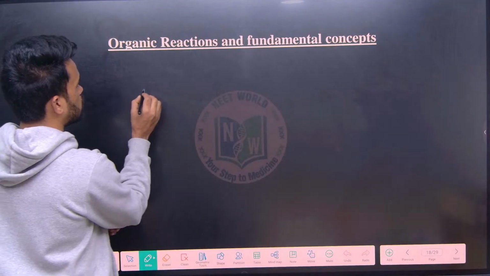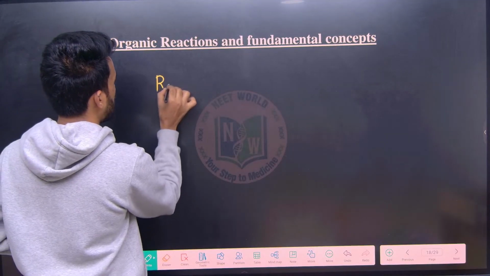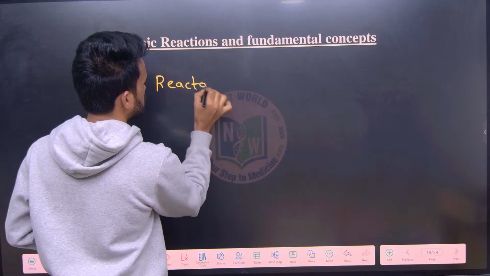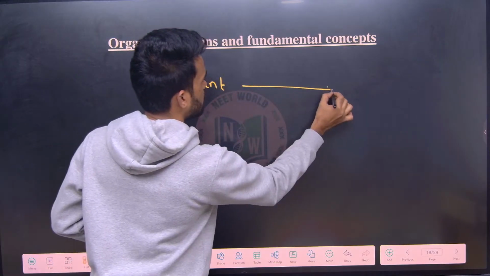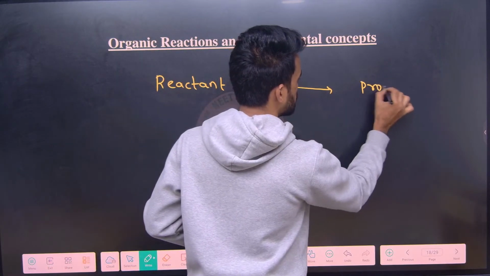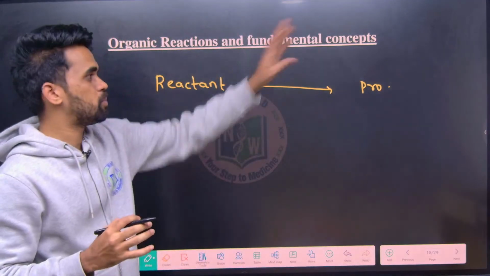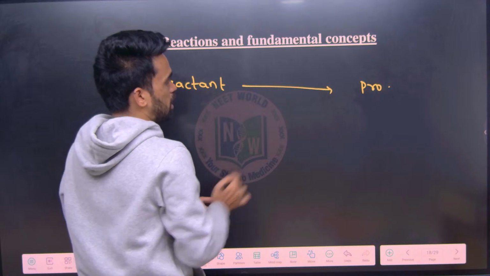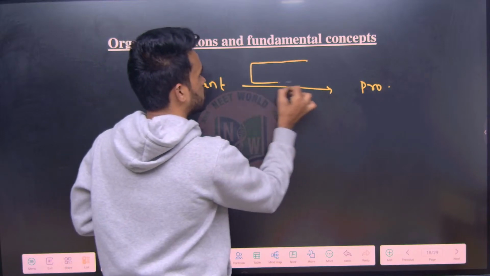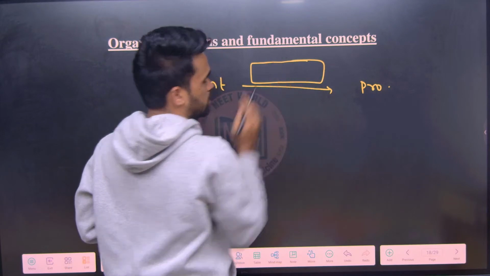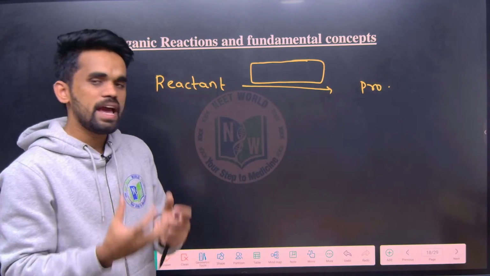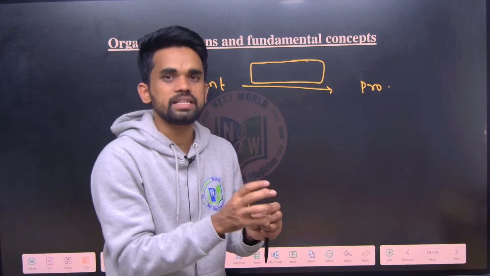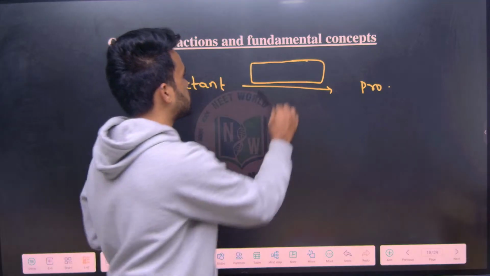Generally, organic reactions means what I told you, there is a reactant and it converts into products, plus some byproducts also form sometimes. And during this reaction, whatever the conditions we are maintaining, we should mention here. It means some reactions take place only at a particular temperature, so that specific temperature required for the reaction should be mentioned here.